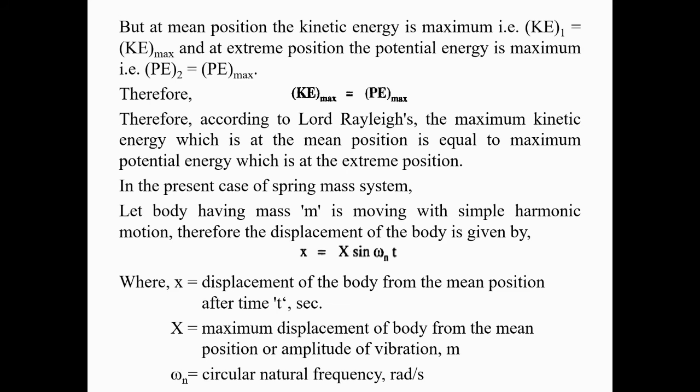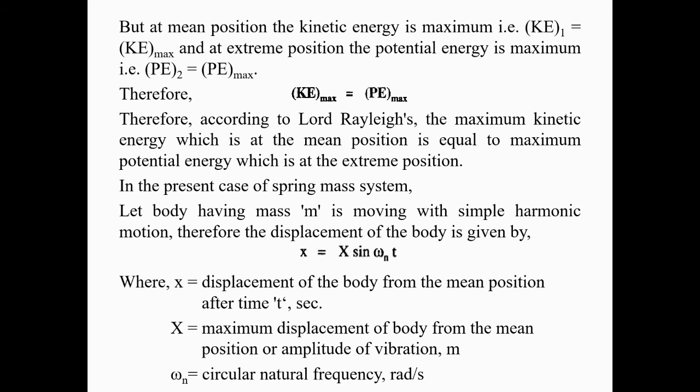the extreme position. Okay, now we already know the equations of kinetic energy and potential energy or strain energy. Kinetic energy is 1/2 mv square, 1/2 m x dot square, while strain energy is 1/2 kx square. So here 1/2 m and 1/2 k are constants.